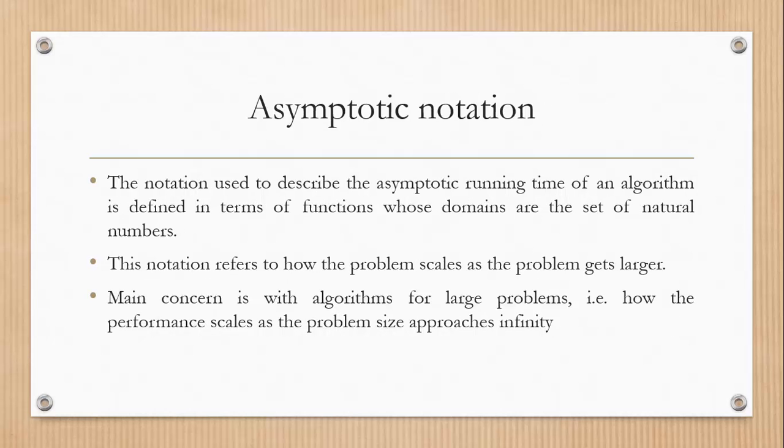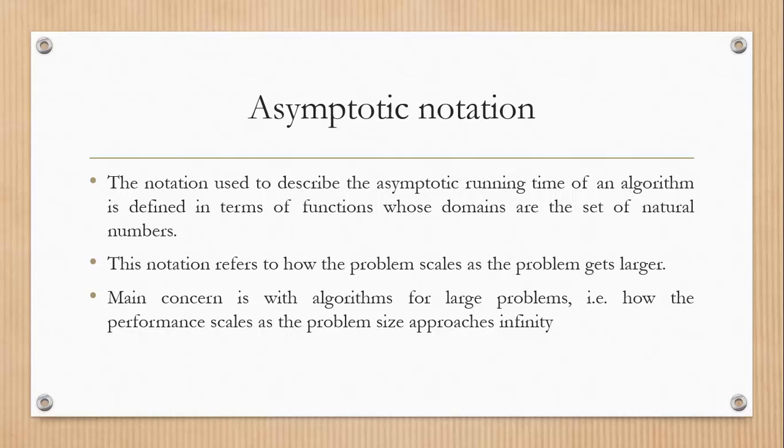Next, asymptotic notation. The notation used to describe the asymptotic running time of an algorithm is defined in terms of functions whose domains are the set of natural numbers. This notation refers to how the problem scales as the problem gets larger.